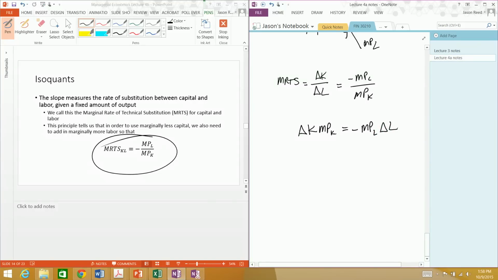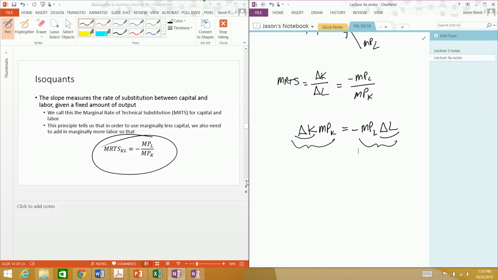What this tells us is that we're not only relying upon some change in capital and some change in labor. It says that the proportionate change of capital has to be equal to the proportionate change in labor. So proportionately, we must be the same.